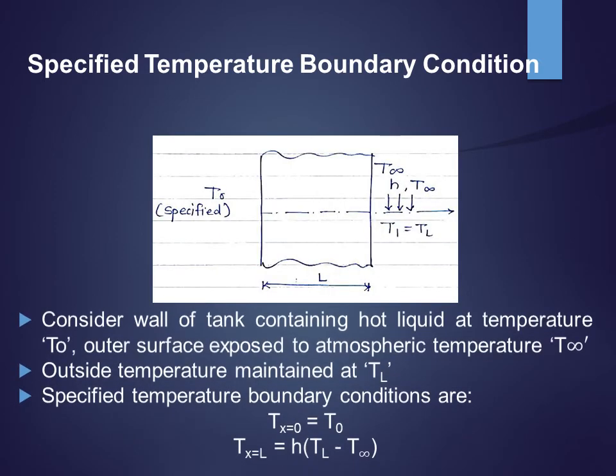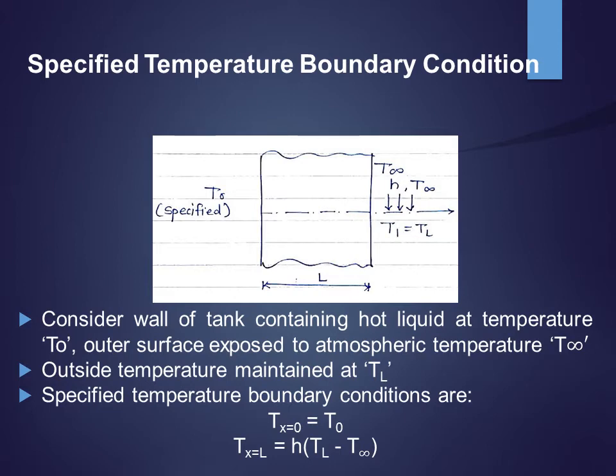See here, consider a wall of a tank containing hot liquid at temperature T0. See the left side of this wall, and the outer surface is exposed to atmospheric temperature, that is T infinity, and the outside temperature is maintained at TL.